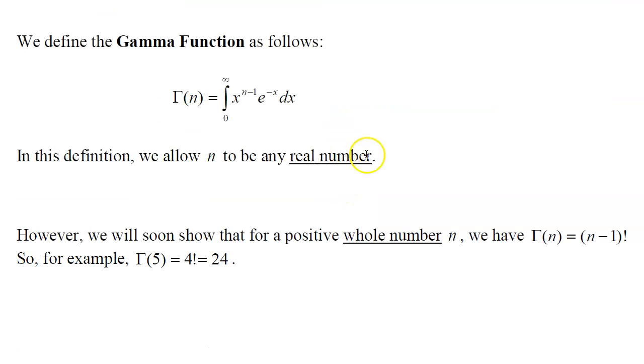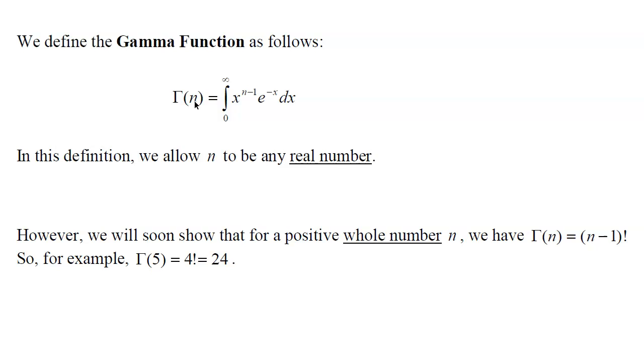We define the gamma function as follows. This is going to look like a weird definition, but gamma of n is equal to the integral from 0 to infinity of x to the n minus 1 times e to the minus x dx. In this definition, I allow n to be any real number. So even though I'm using n, let's let it be 7.3 or 4.7 or something.